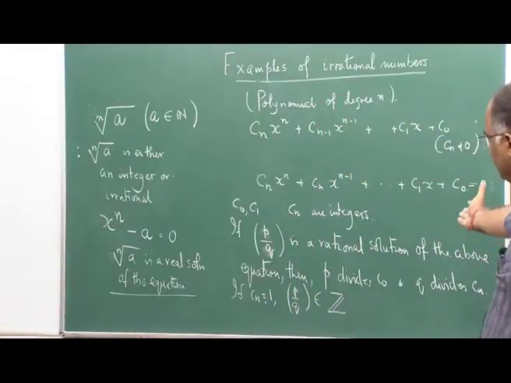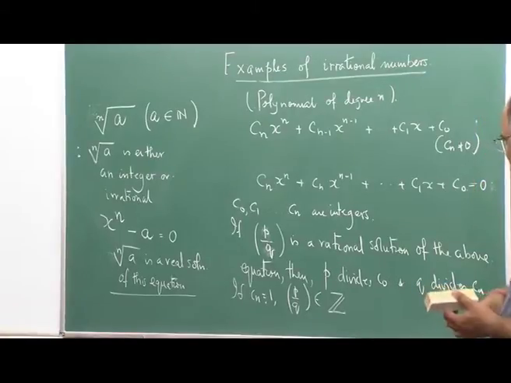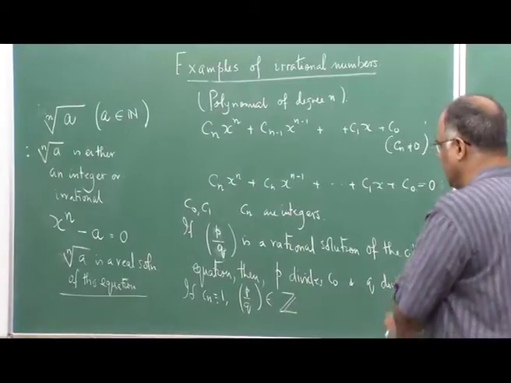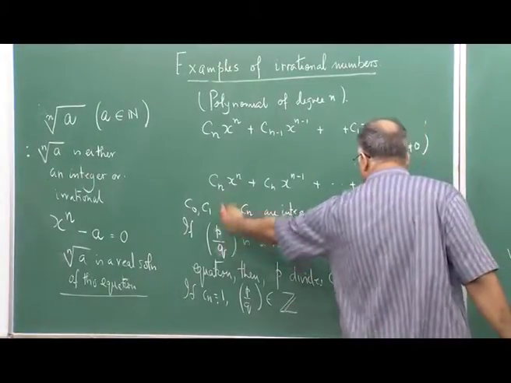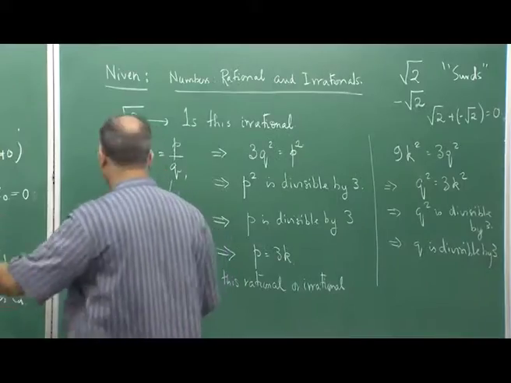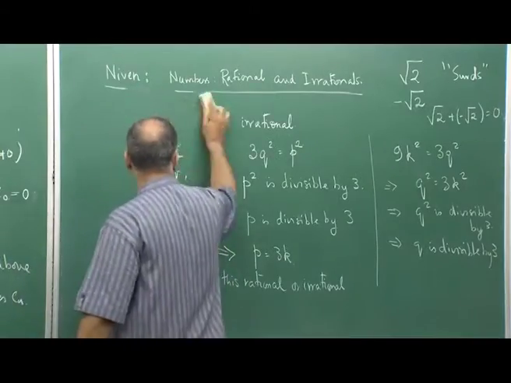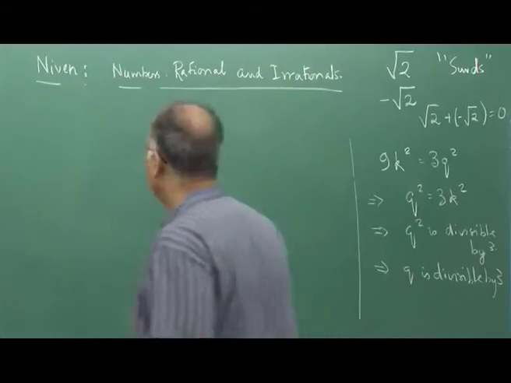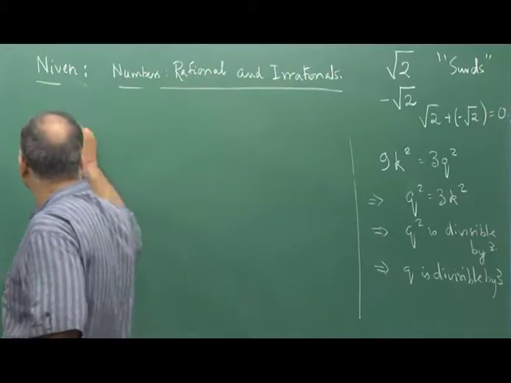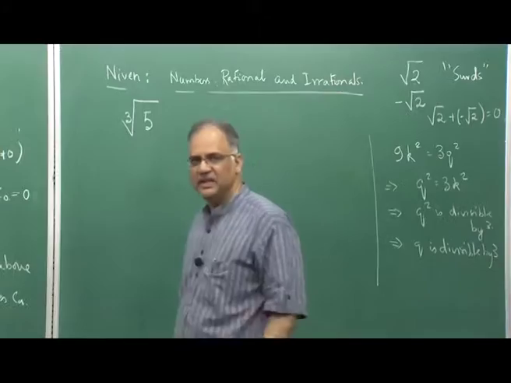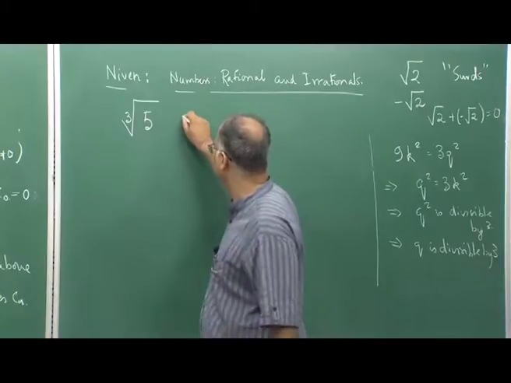So, here is something: you have information that if a solution is rational, then P behaves in some way and Q behaves in some way. Now let me ask you this question: the cube root of 5 is irrational. Can you prove it?